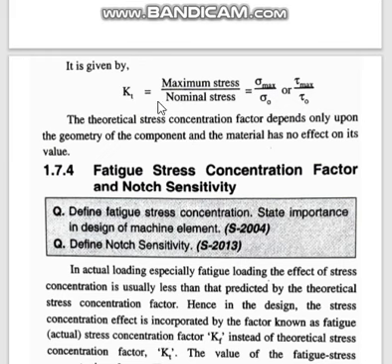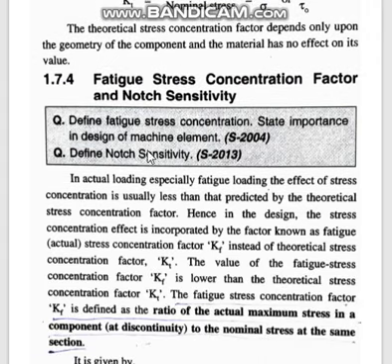Okay, this is theoretical. When you say theoretical, the natural corollary is that there should be an actual stress concentration factor also. That actual stress concentration factor is called the fatigue stress concentration factor. So in this subsection, we will see the fatigue stress concentration factor and notch sensitivity.